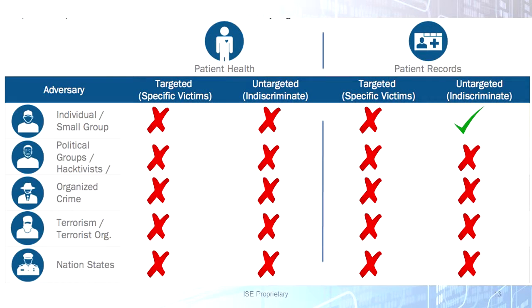So if we were going to present this graphically, what this chart represents, across the rows, you have the different primary adversary types that we identified. You have two major columns. On the left, patient health. On the right, patient data. Within each of those major categories, you have two subcolumns focused on targeted or untargeted attacks.